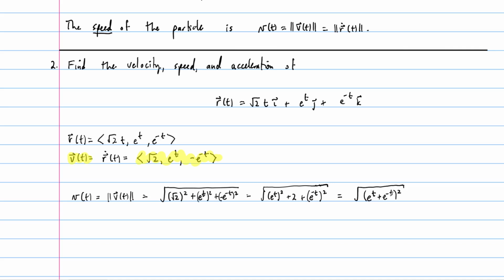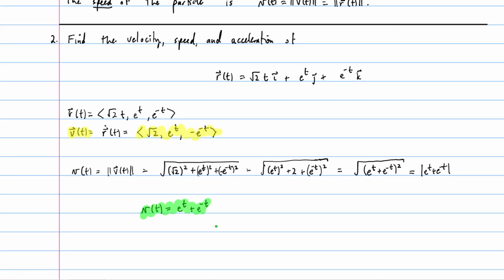E to the t, e to the minus t, that has to be positive. You can't get any negatives out of that. So what we end up with then, I'll write the absolute value because by definition that's what it is. But because this term is positive, what we end up with is a formula for our speed function is just going to be e to the t plus e to the minus t. All right, so we'll highlight this one as well. But there's the speed of our particle.